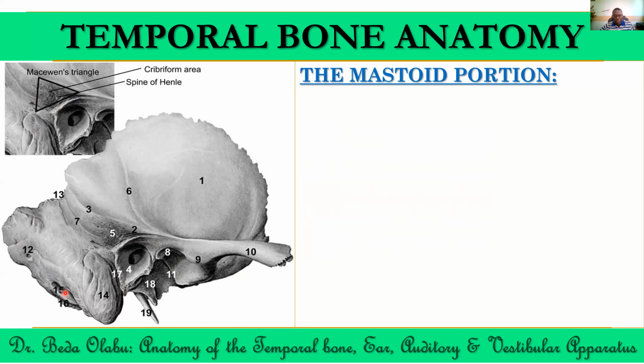So this next session will be focusing on the spaces or cavities that are found within the temporal bone that are related to the ear anatomy. Conventionally, when we discuss anatomy of the ear, we usually want to start from the outer ear, middle ear, and inner ear, and there's nothing wrong with that one.